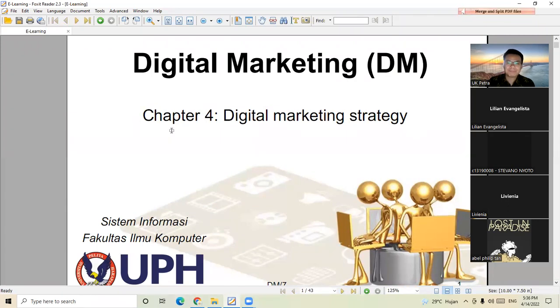So the key takeaway for this chapter is that the companies should formulate their strategy, especially the digital marketing strategy, in a proper manner. Because their digital marketing efforts will depend on how good their formulated strategy is.